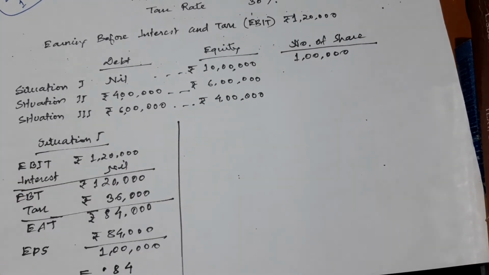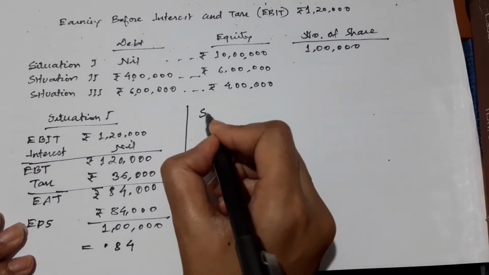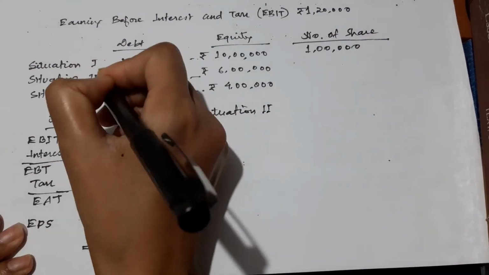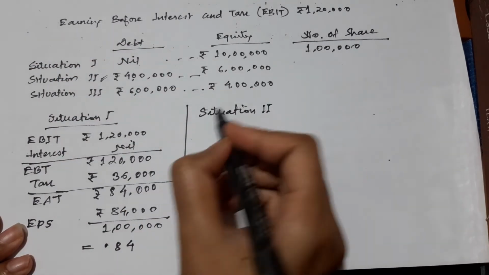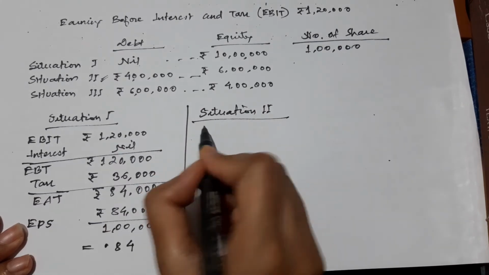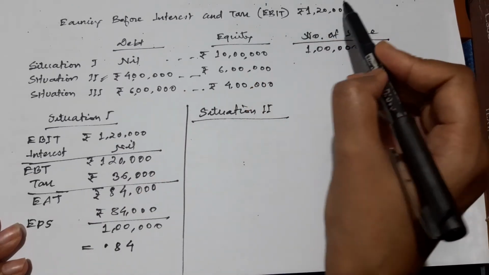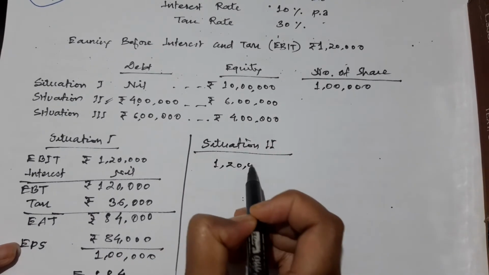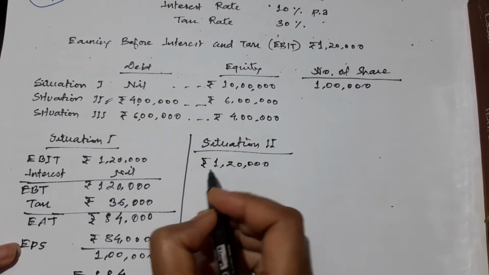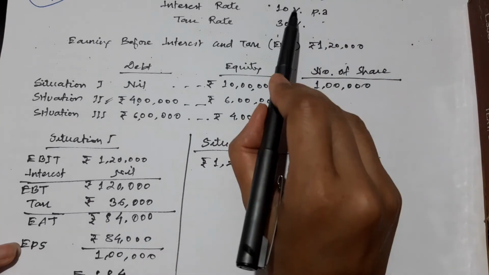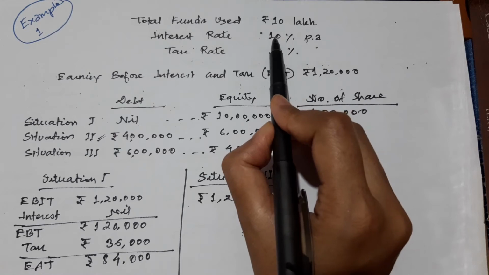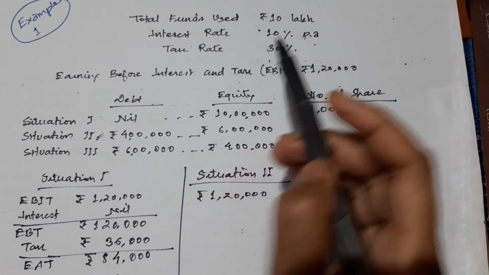Now see the second situation. This one. EBIT, that is earning before interest and tax, is 1,20,000. Interest: for calculating interest, you need to consider this interest rate, 10%. On what amount will you calculate?